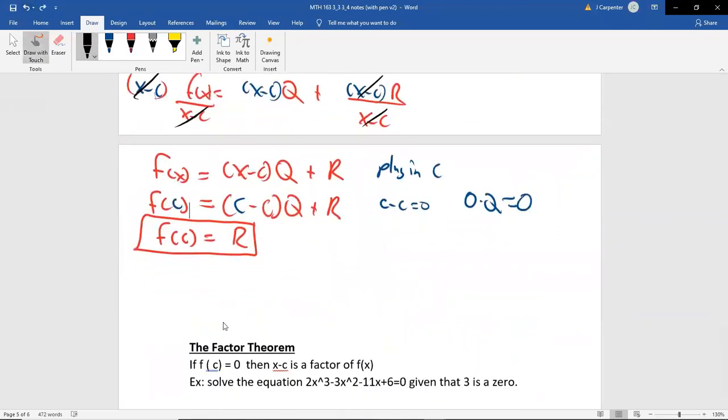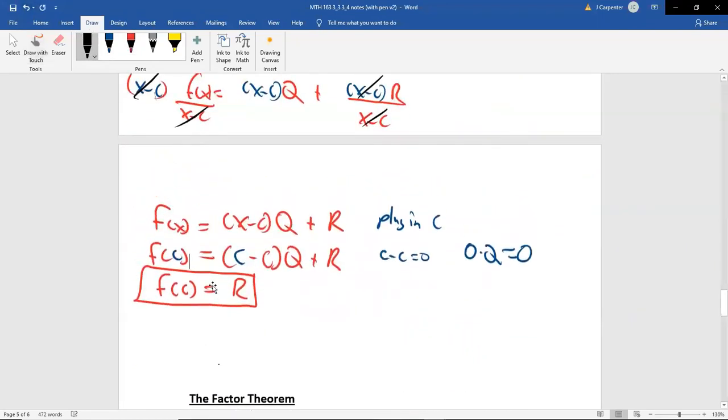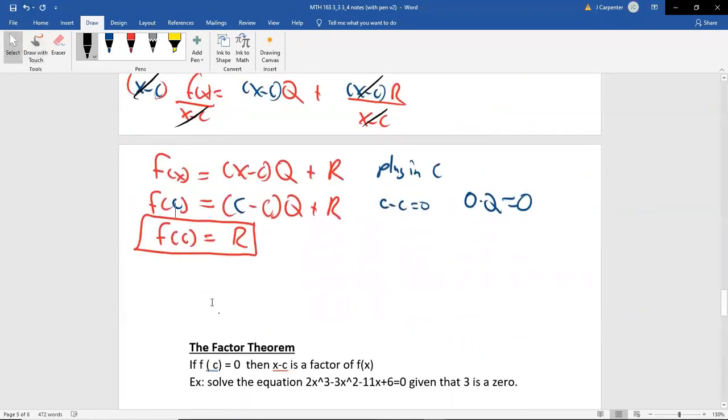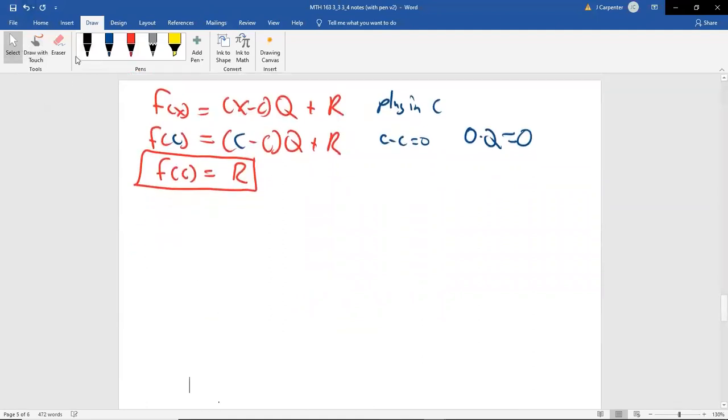All right, so example 3. We are going to evaluate using the remainder theorem. Do 2 of these.